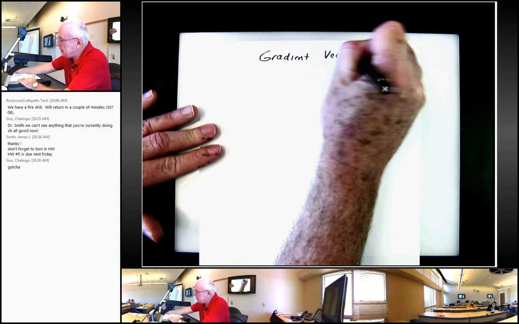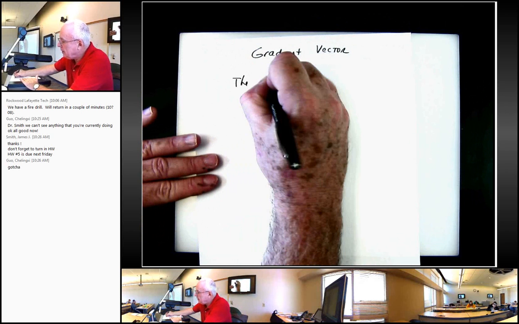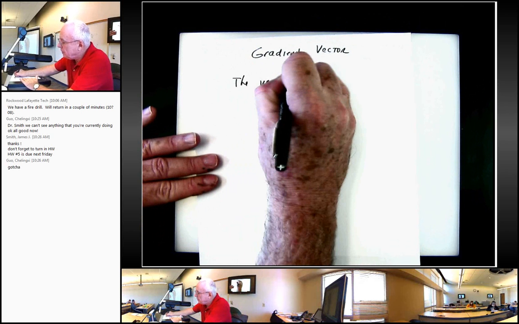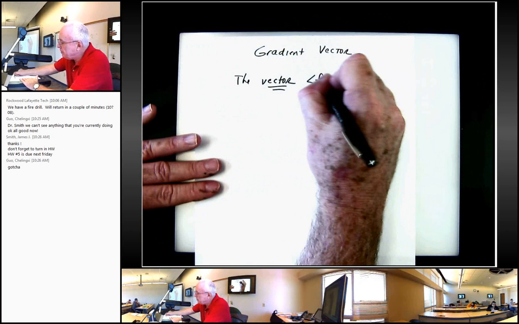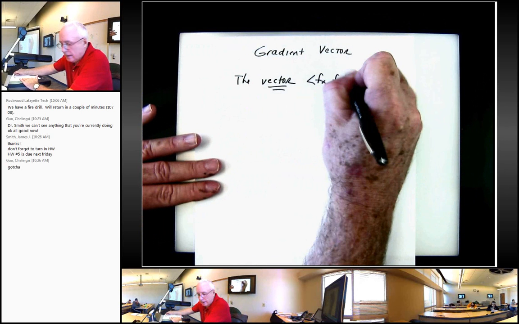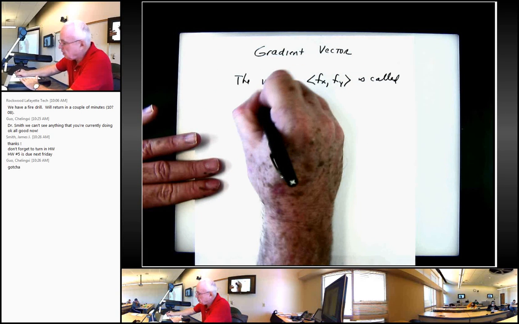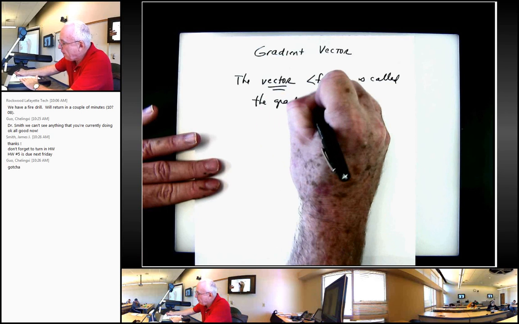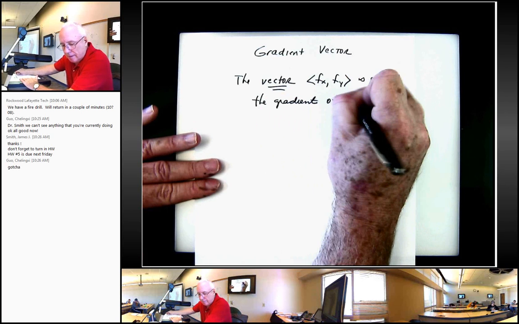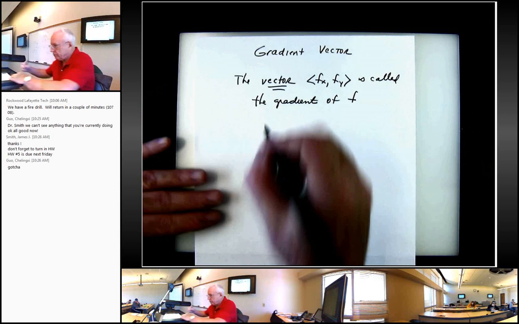And we're going to see it has a very interesting property. The vector, and I'm going to underline that because this is a vector composed of fx, comma, fy, is called the gradient of f.